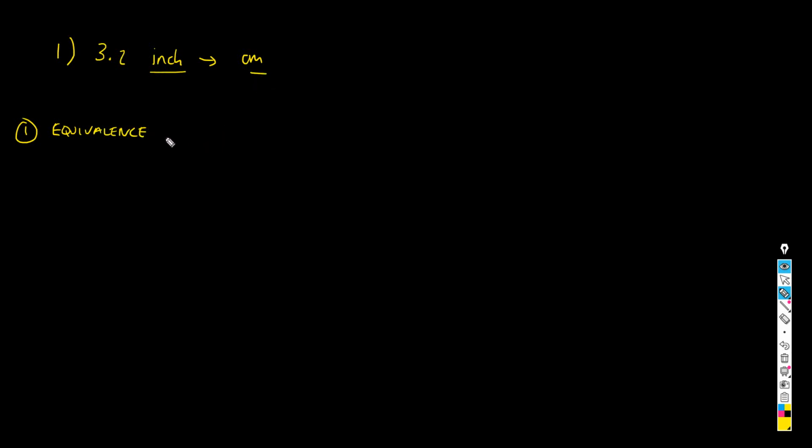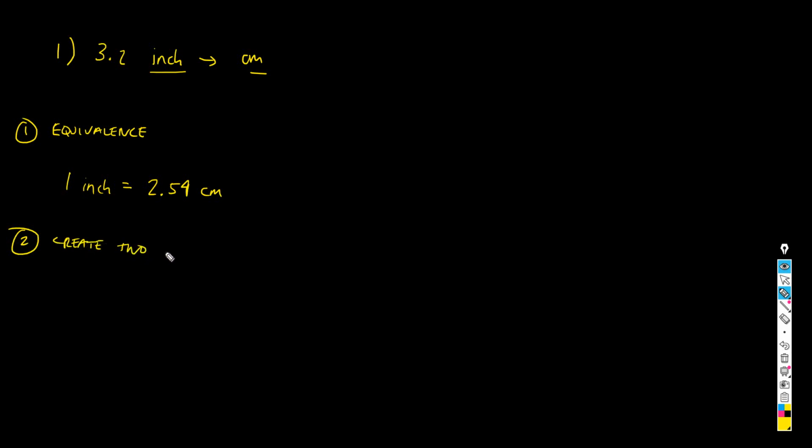So I need to look up the equivalence between inches and centimeters. Most of the time you are going to be given this, and if not, you can look it up on the internet. These are available anywhere. Just type on Google equivalence between inches and centimeters, and you will find that out. So since I know the equivalence, and I already told you, 1 inch equals 2.54 centimeters. That is the first step. Second step, you need to create the two conversion factors.